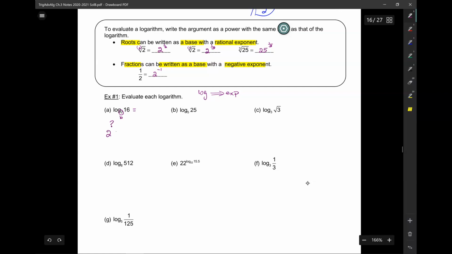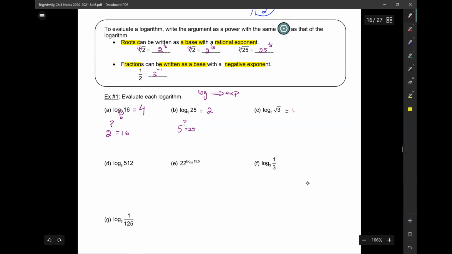So 2 to the what will give you 16? Well, 4. So the answer is 4. Let's do another one. I'm looking for the exponent of 5 that would give me a 25. In other words, 5 to the what is 25? 2.